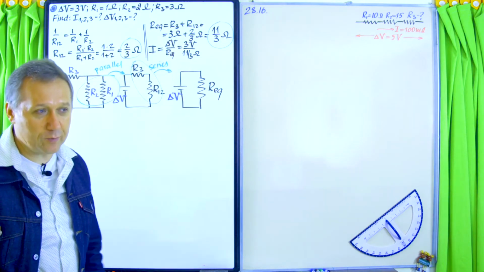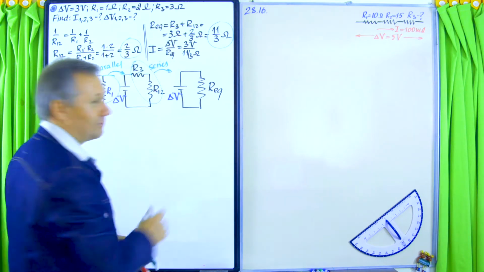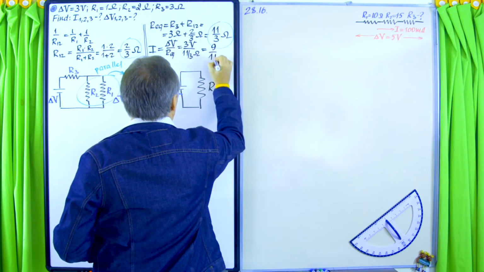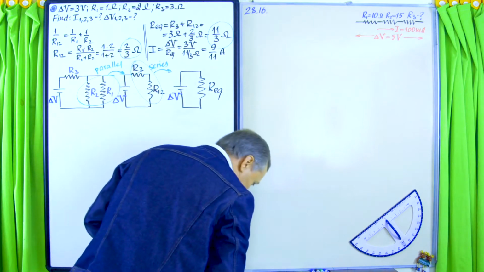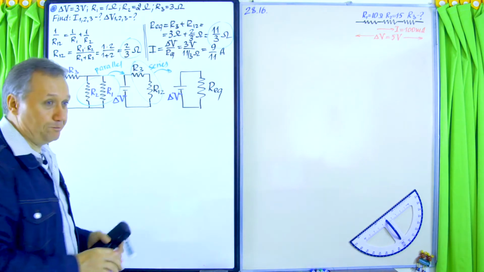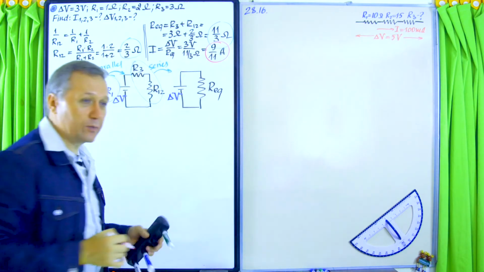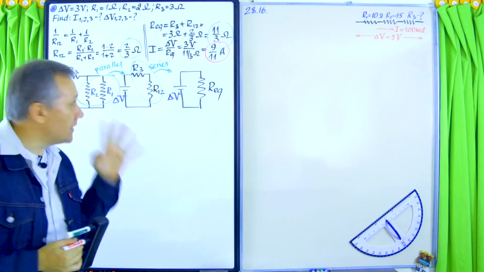You remember how to deal with fractions, so it will be 9/11 amps, right? Let me check just in case. Yeah, 9/11 amp. Okay, so that's okay. I should frame it with a red circle because it's very important. So that is the total current taken from the battery.